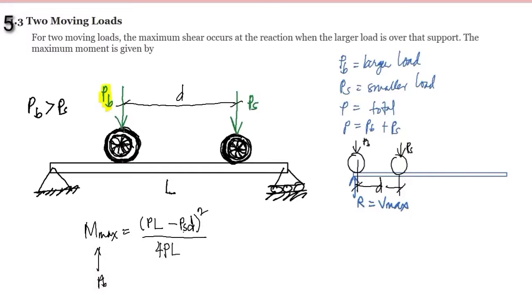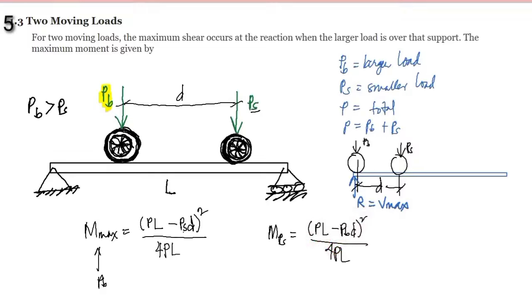Now, that maximum moment is created by this larger load. So what if we are asked to compute for the moment created by this smaller load? This would be the formula for that. Since this would create the maximum moment, the moment created by the smaller load is just equal to PL minus PB multiplied by D squared over 4 PL.